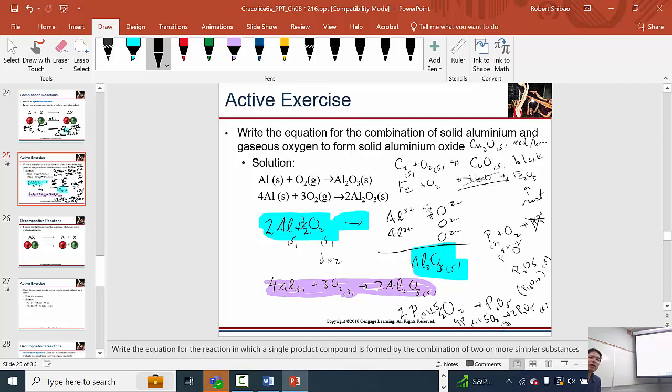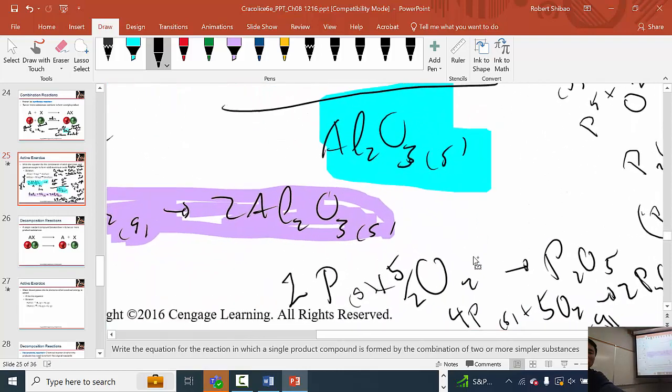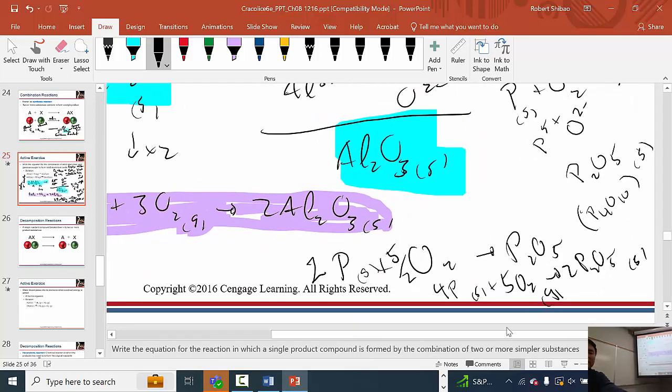These are examples of redox reactions. In redox reactions, what we have is electron transfer. What's the final product? P2O5 solid is the final product. But the balance would have to be 4 phosphorus and 5 oxygen, and then 2 P2O5 solids.